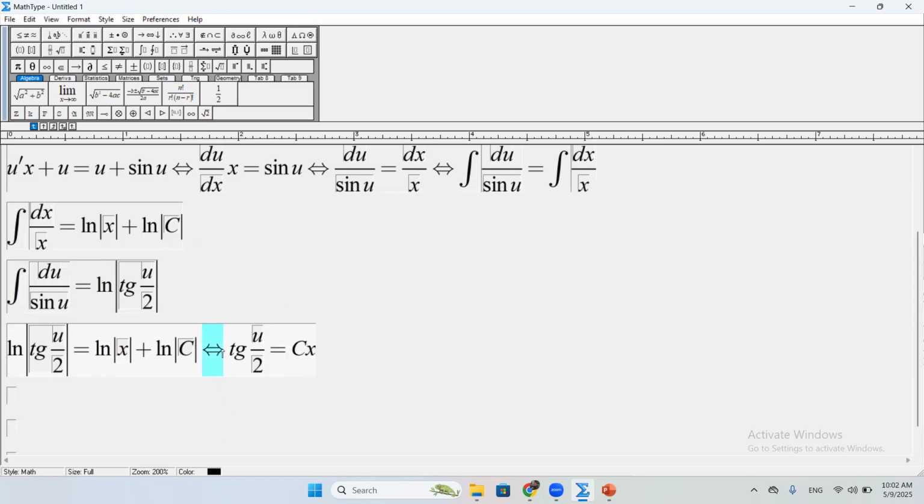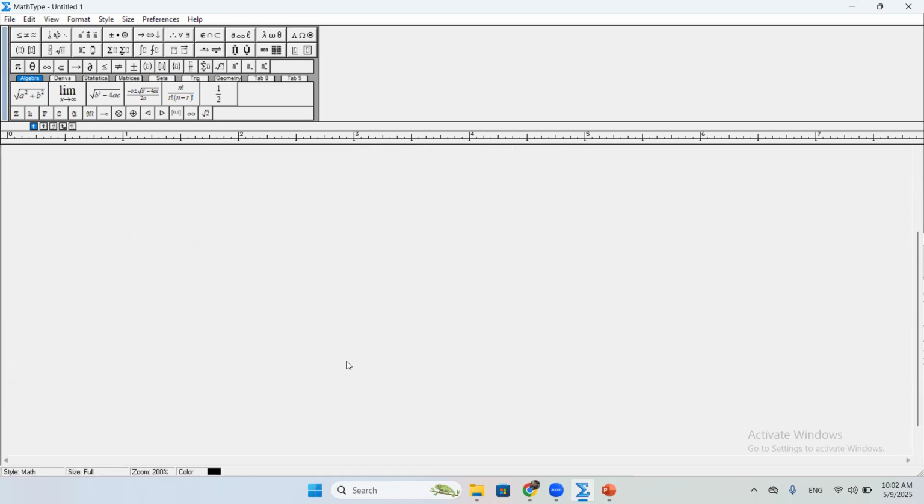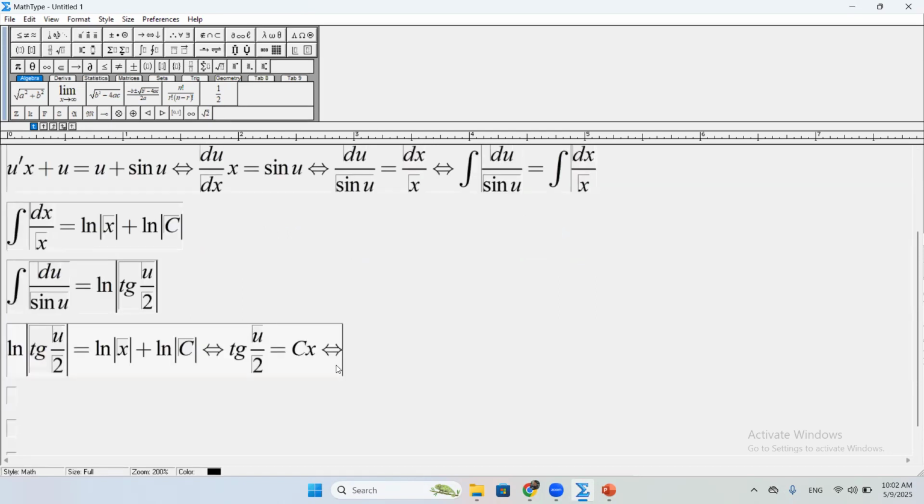So tangent of u over 2 equals cx. Then u over 2 equals arctangent of cx. Well, actually, let's write it so u equals 2 arctangent of cx.